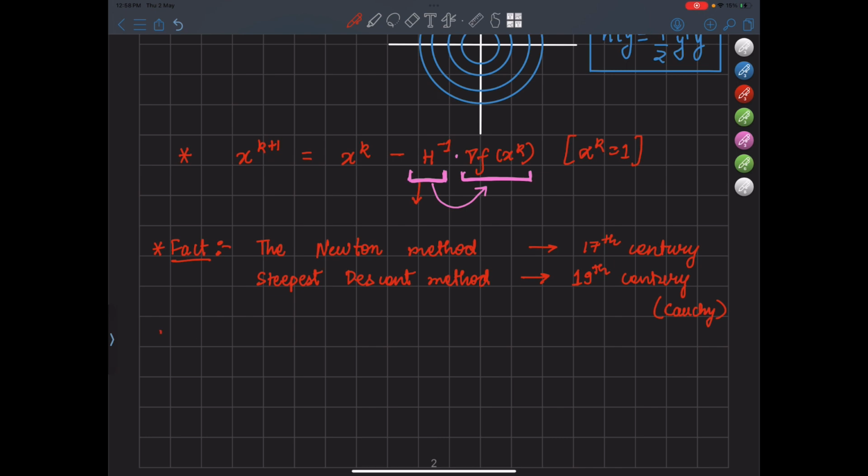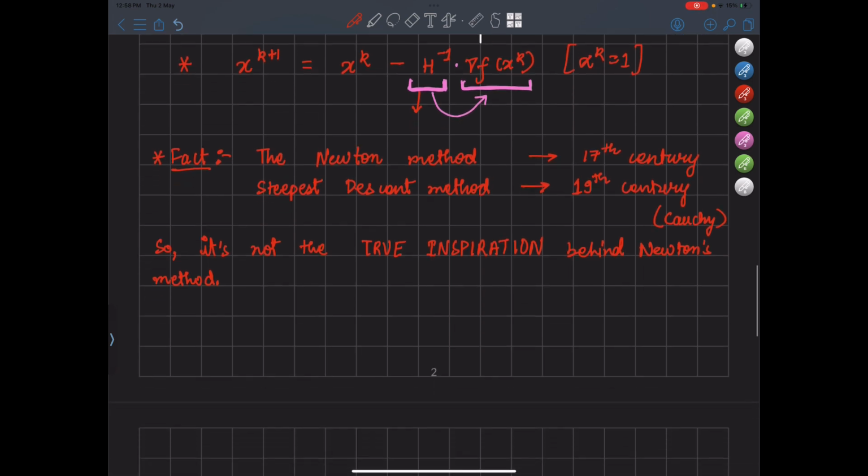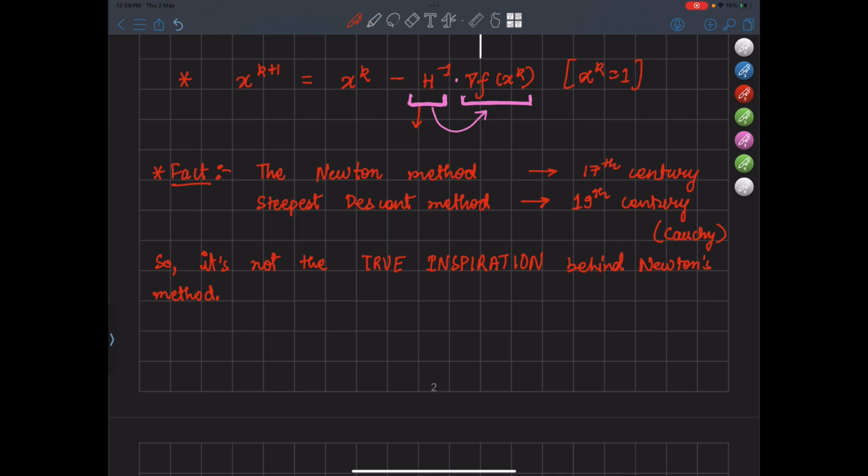But it's a good way of thinking about it. You can derive it from steepest descent. This is a different way to look at classical Newton's method.